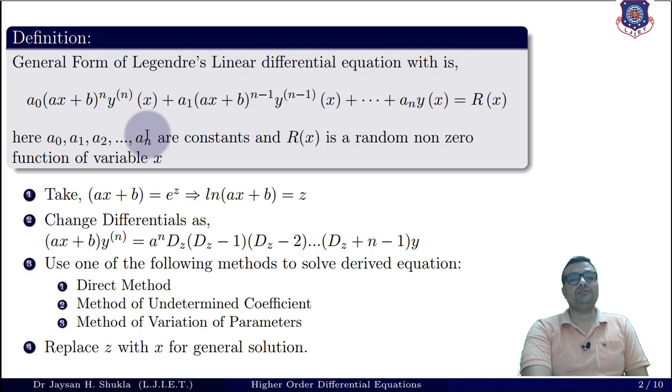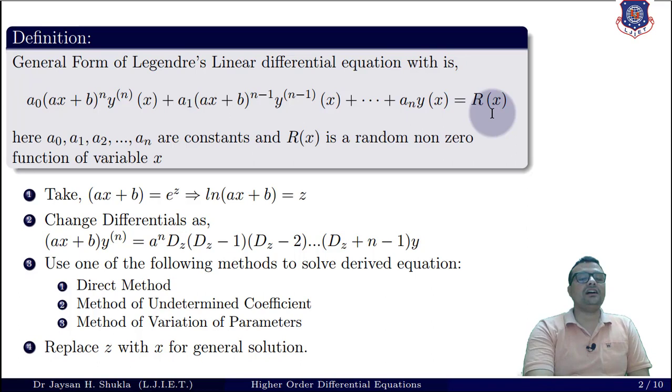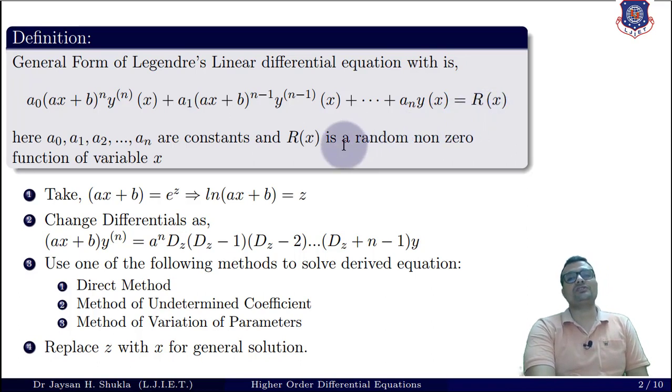They must be equal. The second term is a1 (ax plus b) raised to n minus 1. The order of derivative of y is also n minus 1, and so on up to an y, equal to r of x. All a0, a1, a2 up to an are arbitrary constants. R of x is a random non-zero function of variable x.